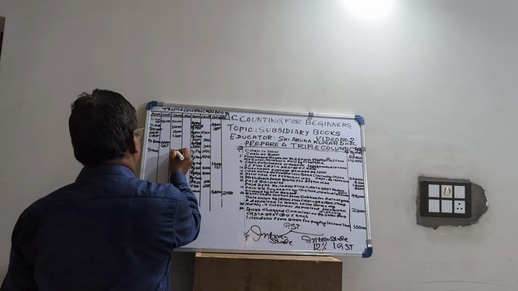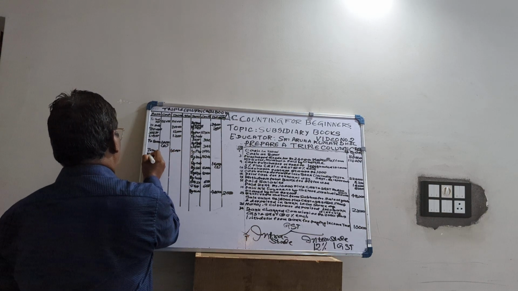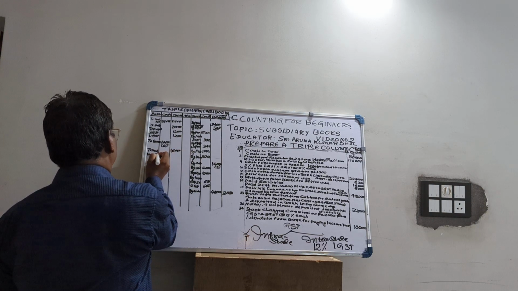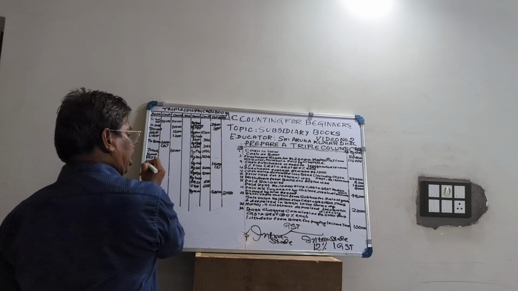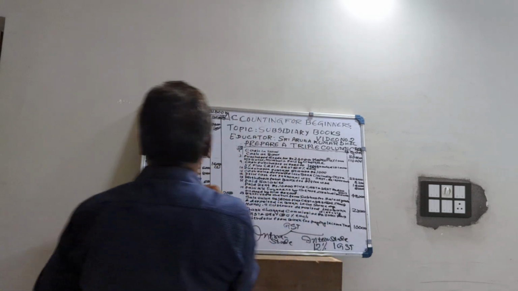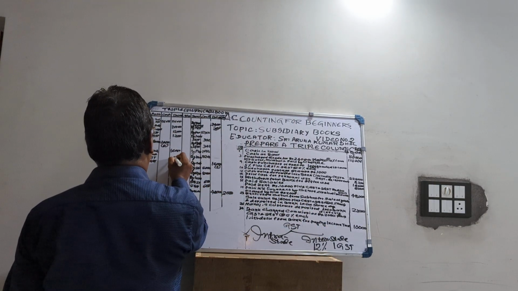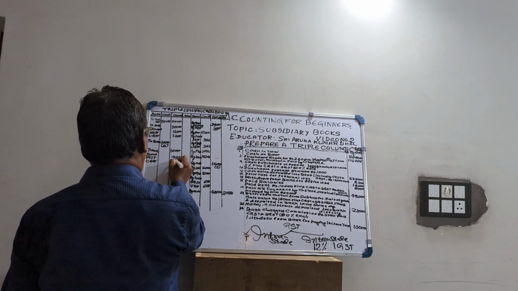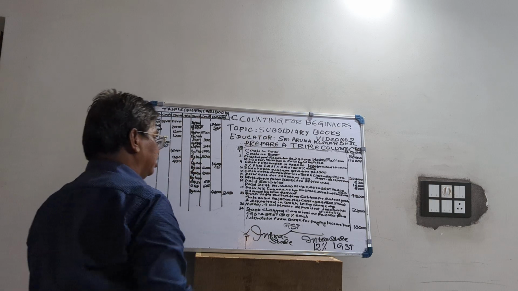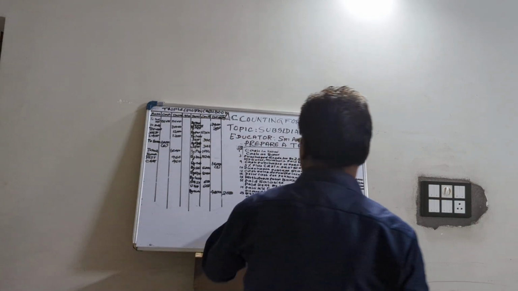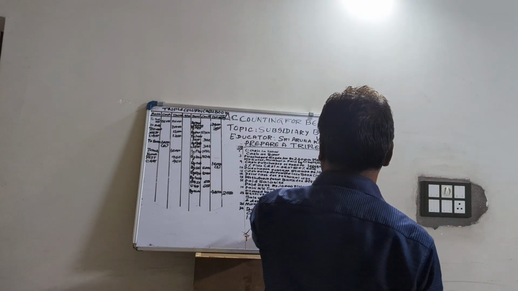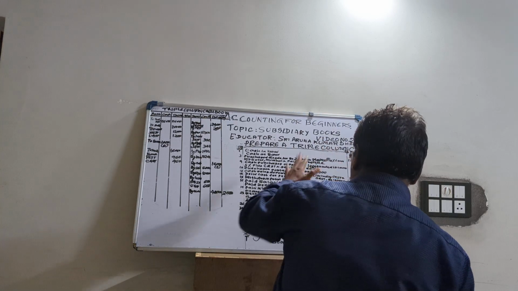Bank to Subhas 16,000, to output SGST, CGST. That is how much? 6% each. So 6% means 960, 960 each, because we received the check from Subhas and deposited it in the bank on the same day.